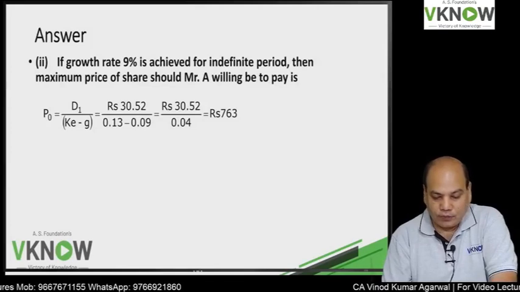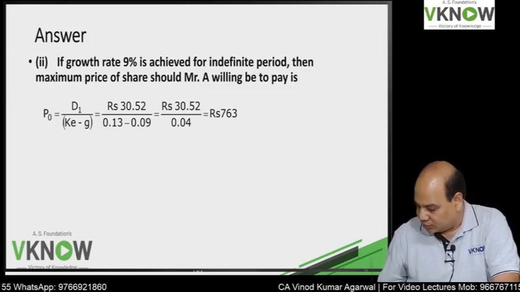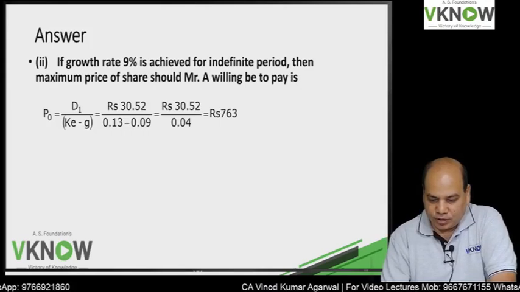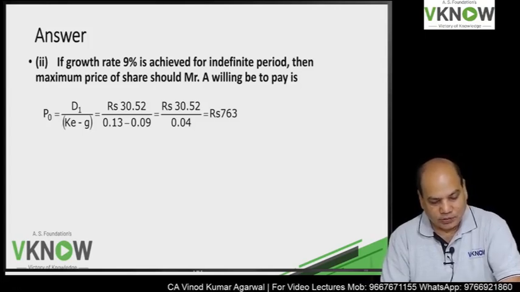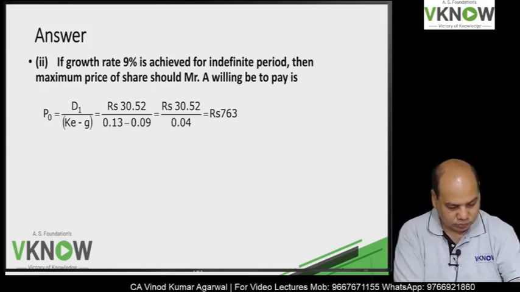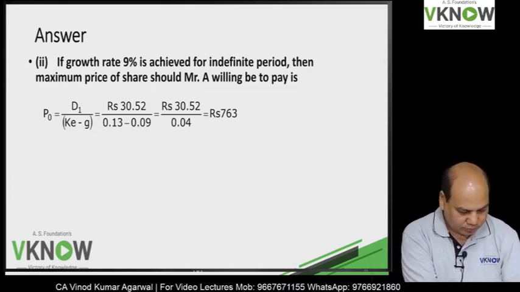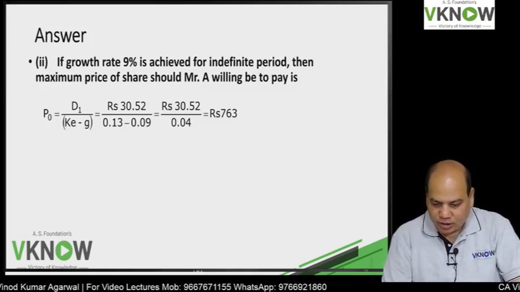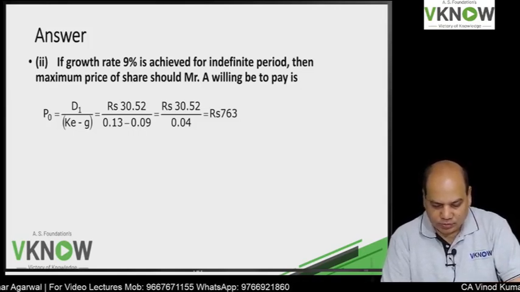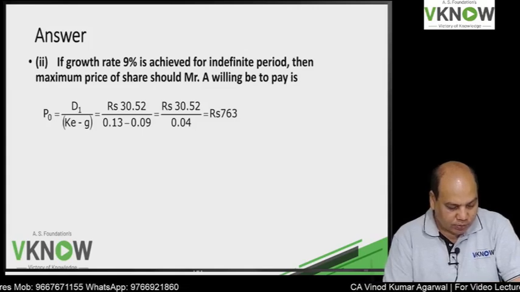Part 2: if growth rate 9% is achieved for an indefinite period, then the maximum price Mr. A would be willing to pay, directly apply the formula D1 upon K minus G. Rishabh is right. D1 upon K minus G.